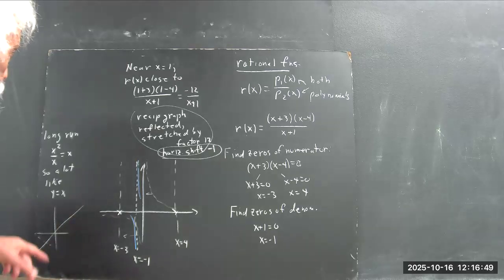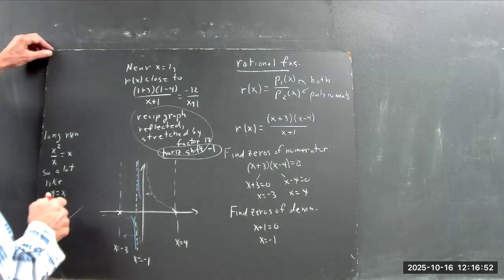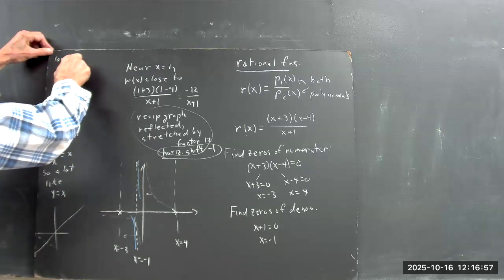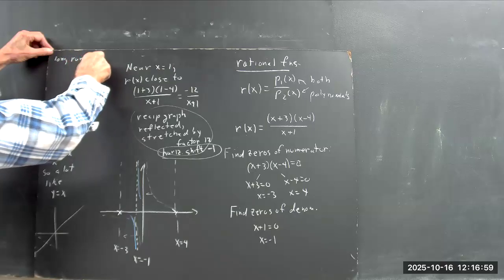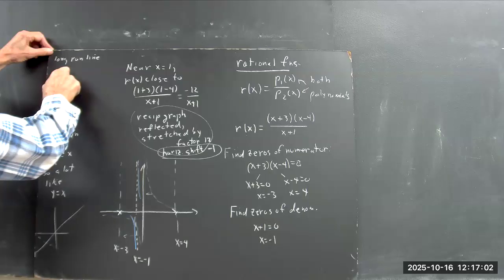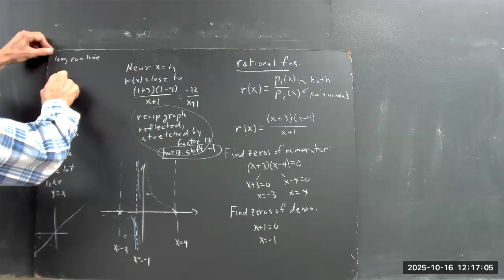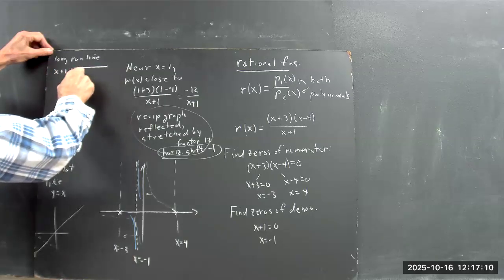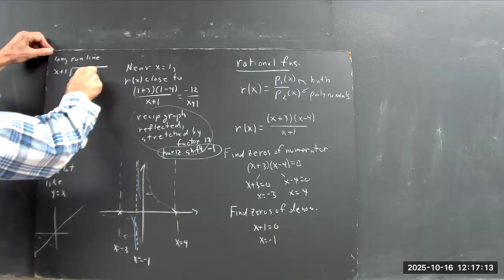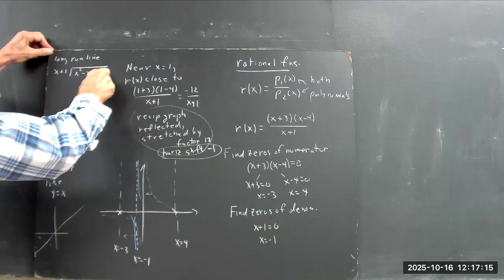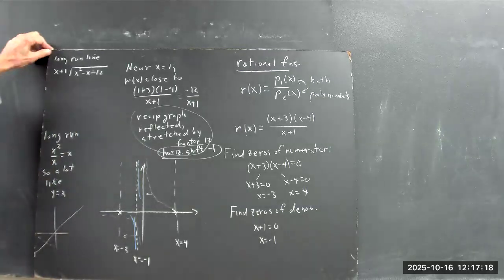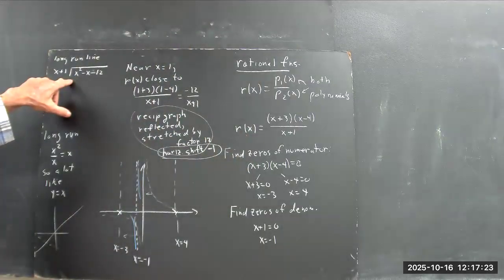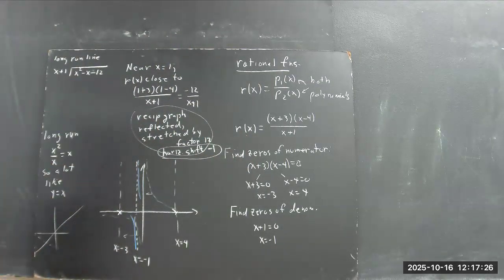So to find out exactly what this line is, if I multiply x plus 3 by x minus 4 using the distributive law, I get x squared minus x minus 12.